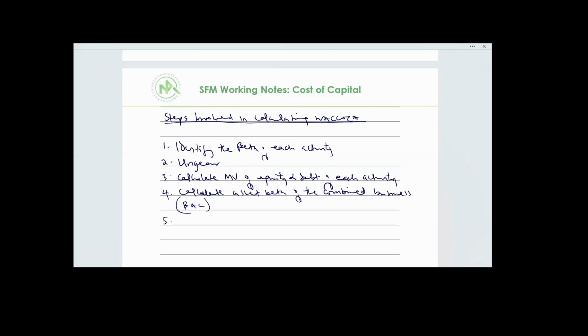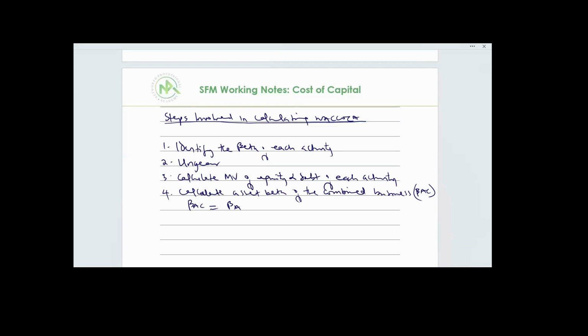Now, in that step 4, how do you calculate your asset beta of the combined businesses? Let me use BAC. So BAC equals, let's say, for example, we have only 2 different business activities.